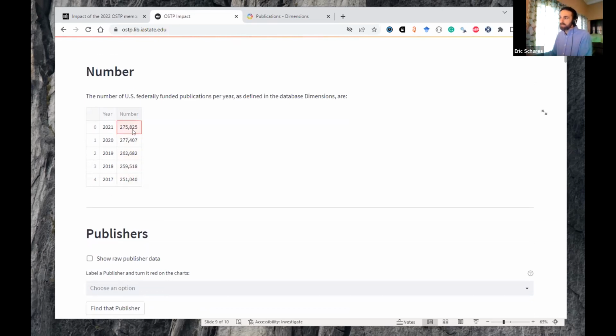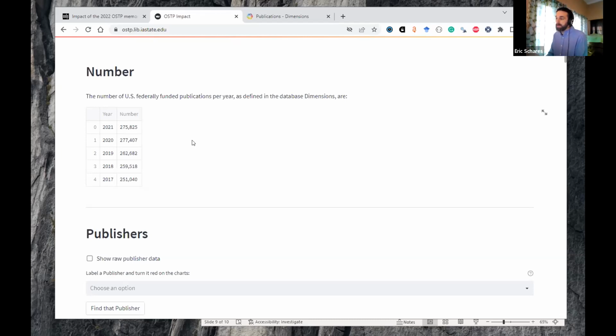Maybe it evens out here in 2021. But over these 5 years, the average number that would have fallen under the OSTP memo is 265,000. This total of 1.3 million over these 5 years represents 33% of all US domestic research output.